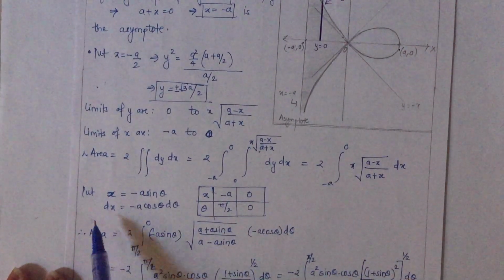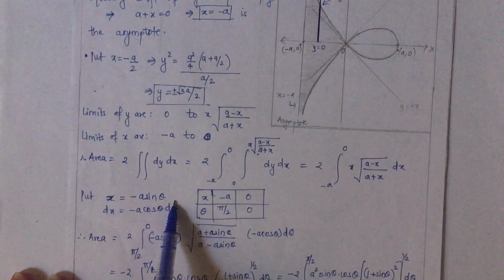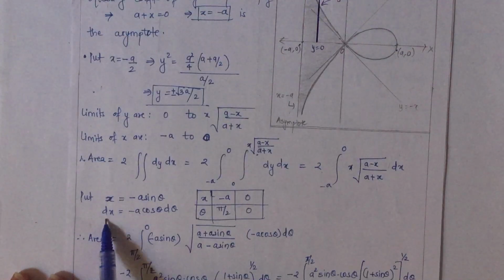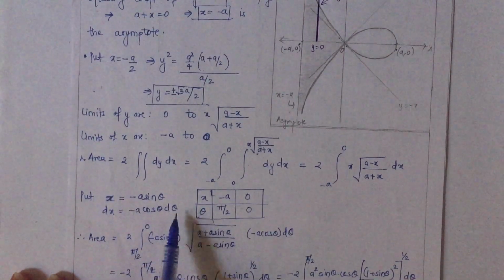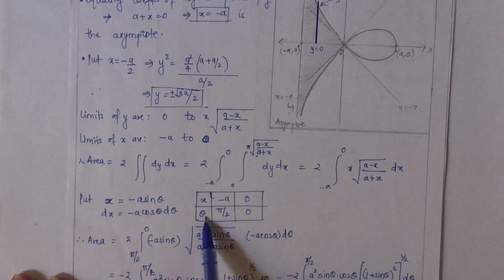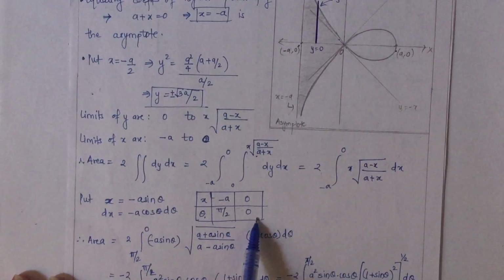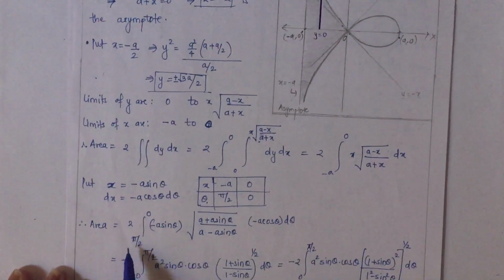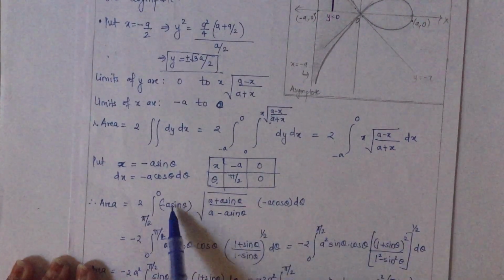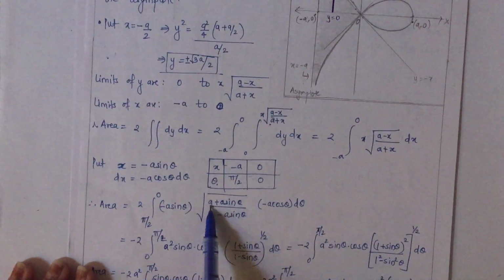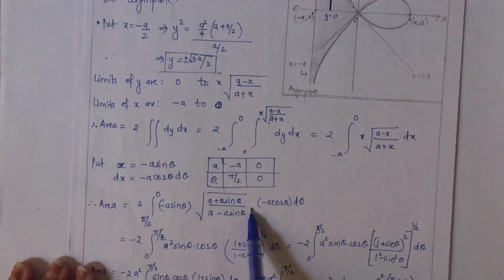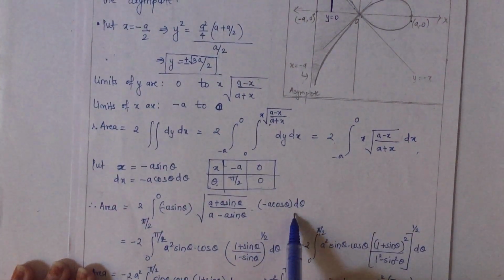Observe what will happen if I substitute x as minus a sin theta, a can be taken common here. And dx becomes minus a cos theta d theta. And as x goes from minus a to 0, I get the limits of theta from pi/2 to 0. So the value becomes 2 times integral from pi/2 to 0 of minus a sin theta times root of (a plus a sin theta) upon (a minus a sin theta), into dx, whose value is minus a cos theta.